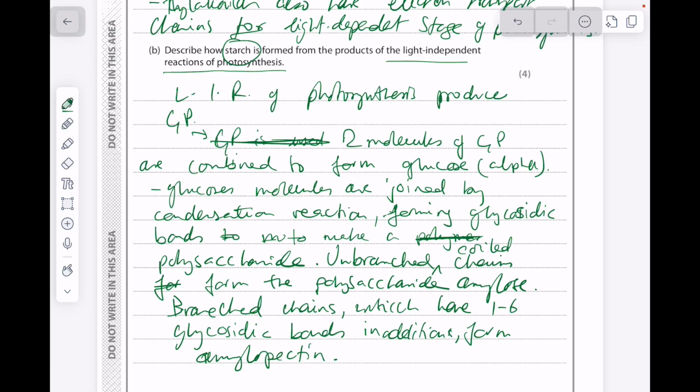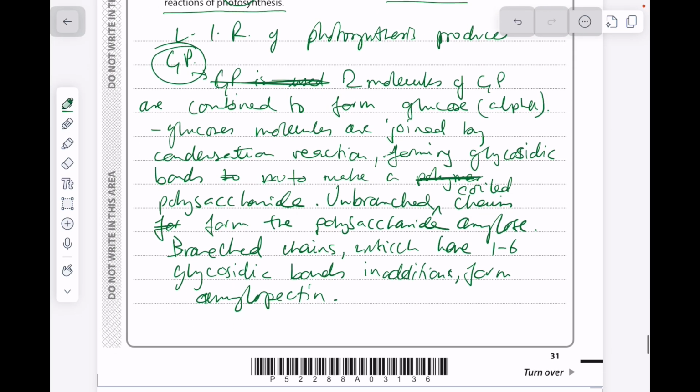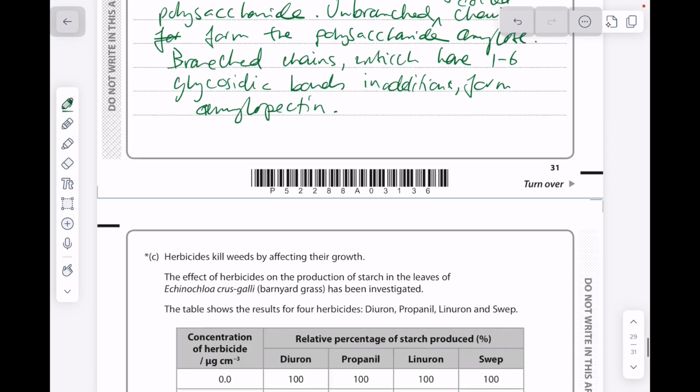Okay. Describe how starch is formed from the products of the light-independent reactions of photosynthesis. So we start from one of the intermediates in that cycle, and then we try and finish off with our knowledge of starch. So we just bridge those two things together. I think that's 4 marks.